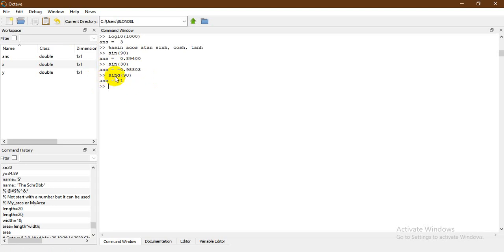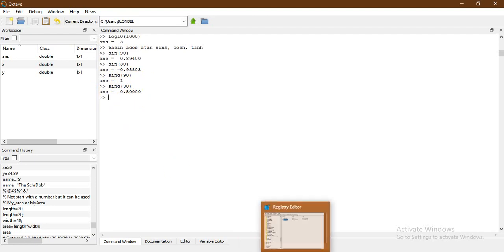So now when I write sine d of 90, the answer gives me 1. And this is actually the sine of degrees. So I can have sine d again of 30. So you see that it's going to be 0.5, and this is actually the answer that we are going to have with a sine of 30 as being a degree.